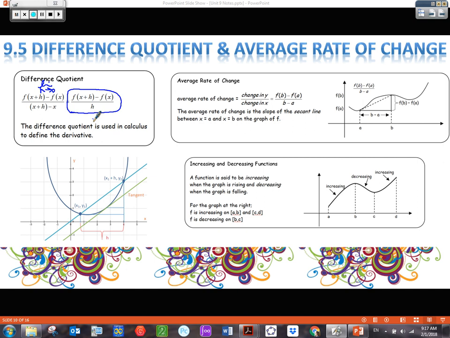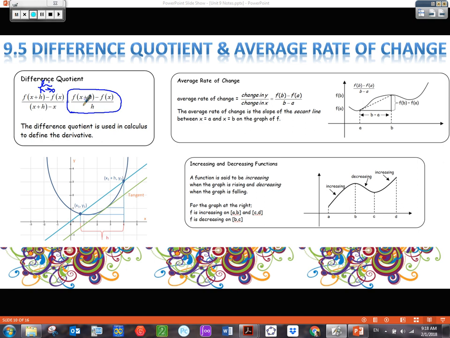And this is a picture of what this is talking about. So if this is our original point, x1, y1, and I have some number h, some kind of change in x, in this particular diagram, this is h, this distance right here. It looks like a little bit more than 3. So this is our h, so x plus h.